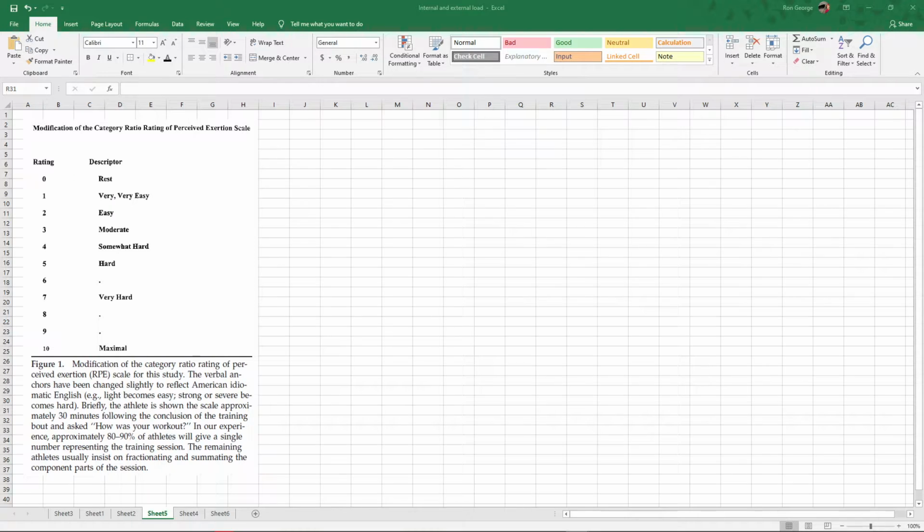So there was a fine distinction there. And RPE is really combining both. So when you're doing exercise, yes, you might feel pain. Hopefully, you don't.